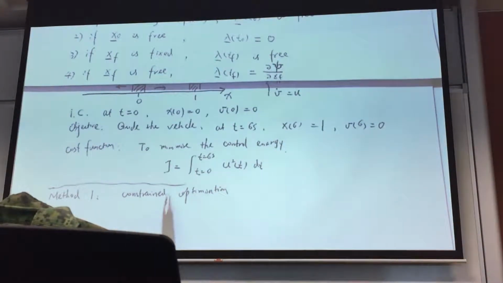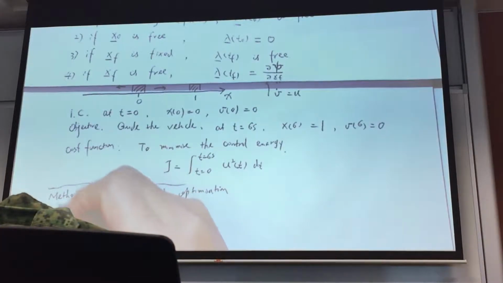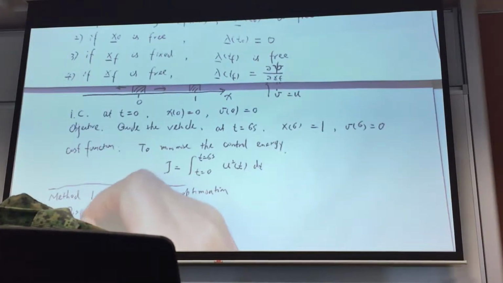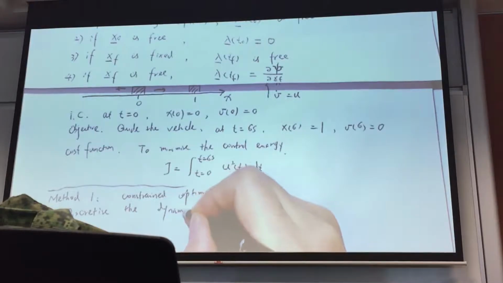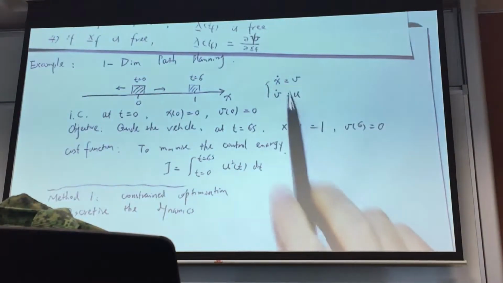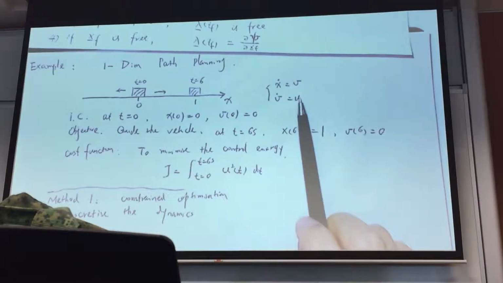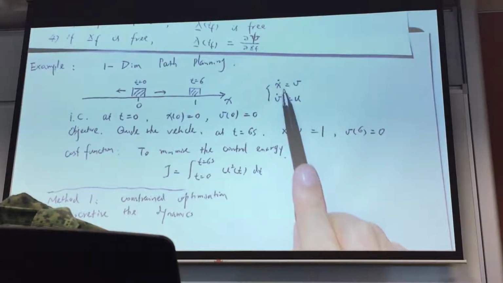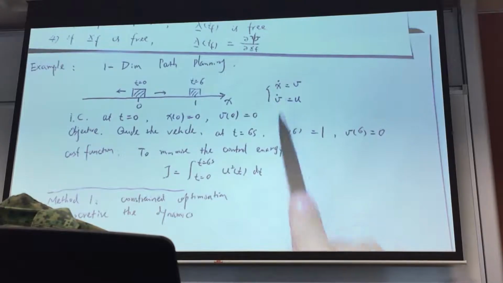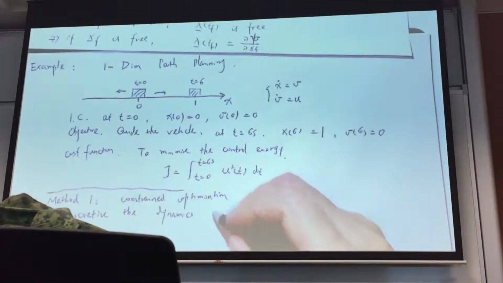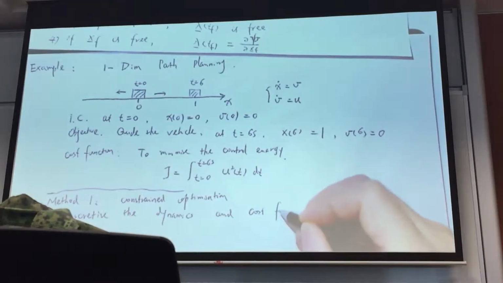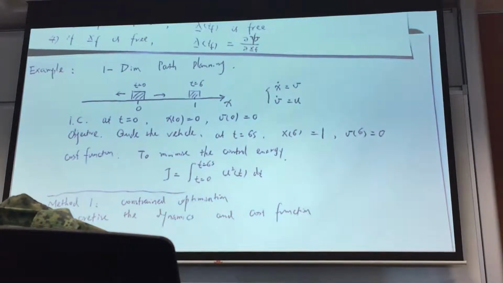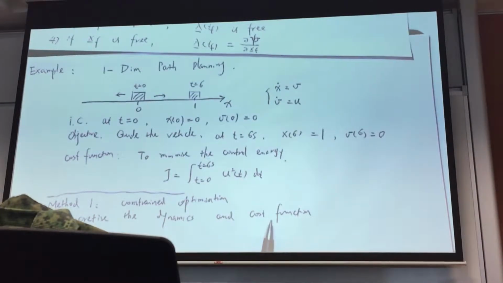Remember, in this method we made some derivation at the start. We discretize the dynamics, this differential equation, so we approximate it. After that, we also discretize the cost function, so we convert the integration into a summation.